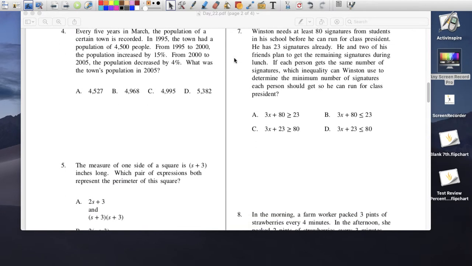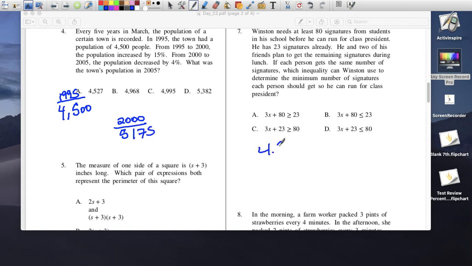Every 5 years in March, the population of a certain town is recorded. In 1995, the town had 4,500 people. From 1995 to 2000, the population increased by 15%. So if you had 4,500, let's multiply that by 1.15, and that means the population in the year 2000 is 5,175.